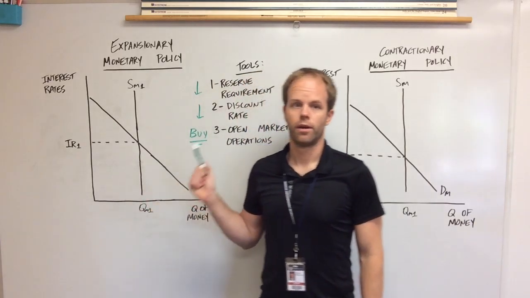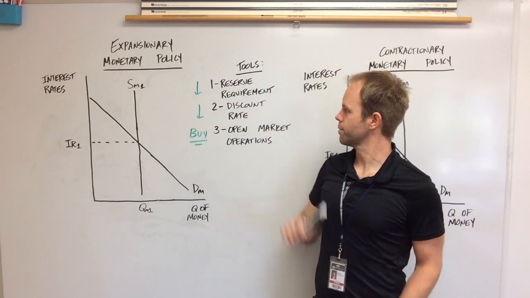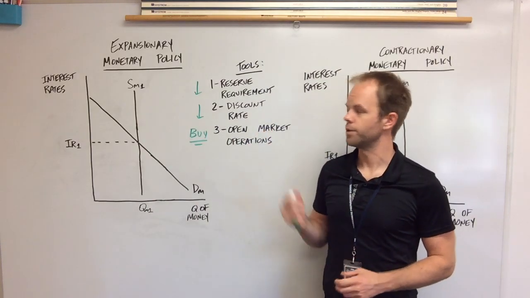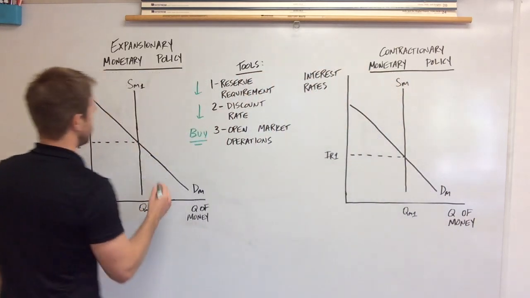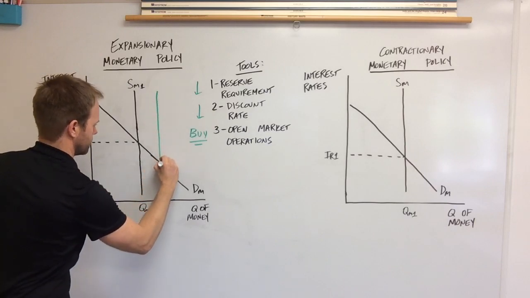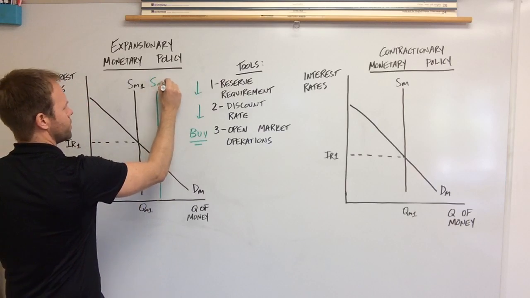Okay? So if the central bank lowers the reserve requirement, lowers the discount rate, and buys bonds, we'll see an increase in the money supply. We can draw that pretty simply. Okay, supply of money 2.